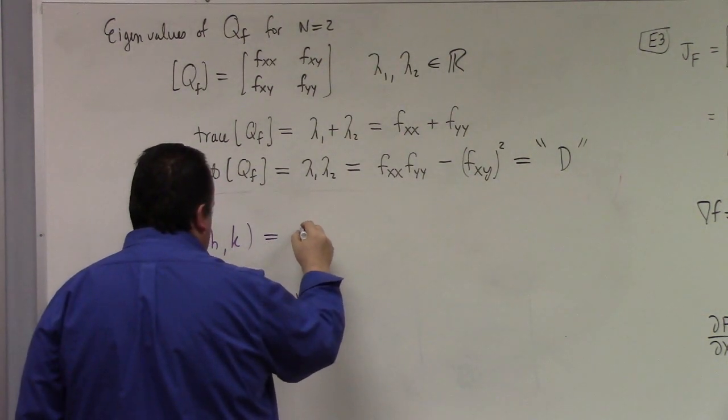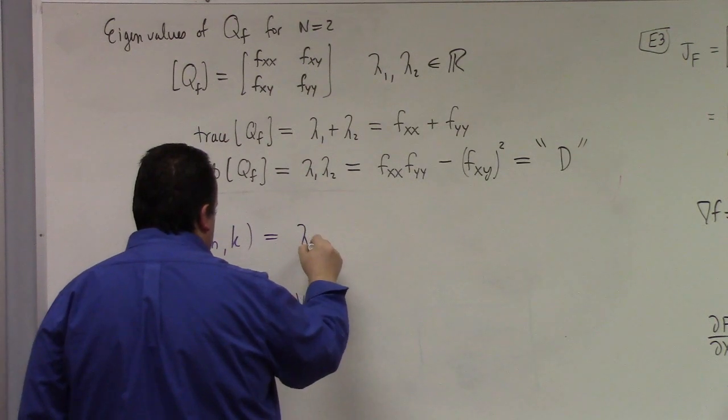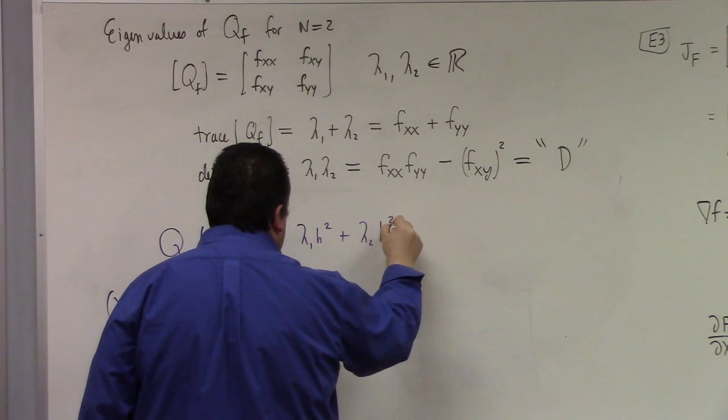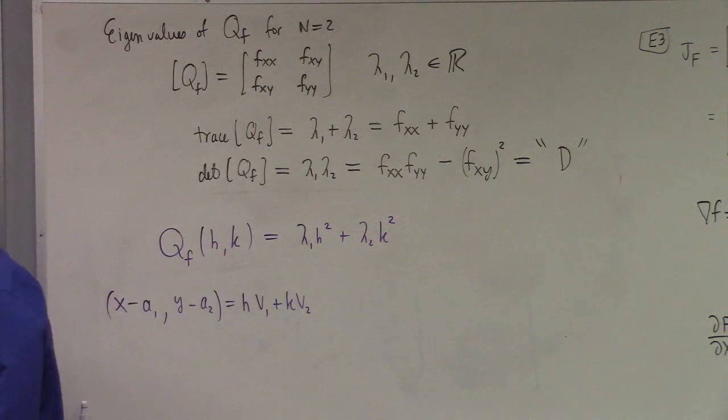So this would be something like lambda 1 h squared plus lambda 2 k squared. It's a little bit different than what we've done before because I'm shifting. You notice I've got a difference of x and a, and I'm using h and k for differences.